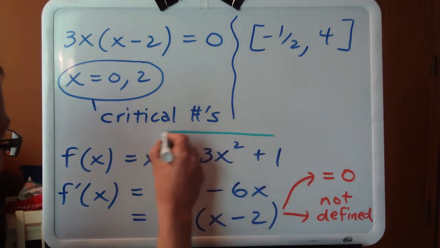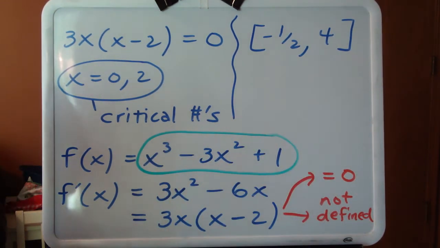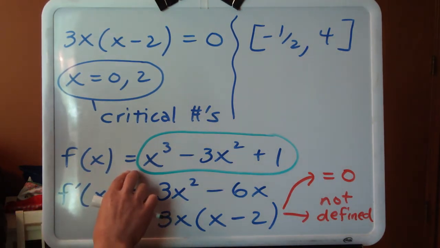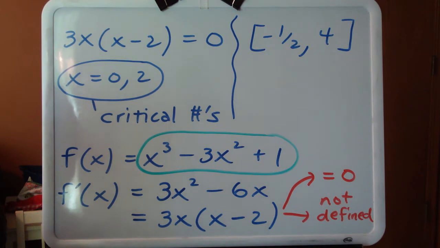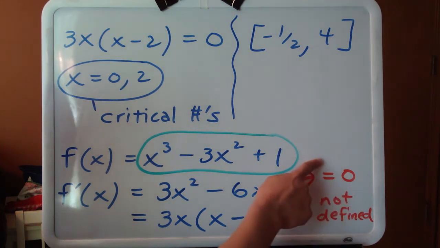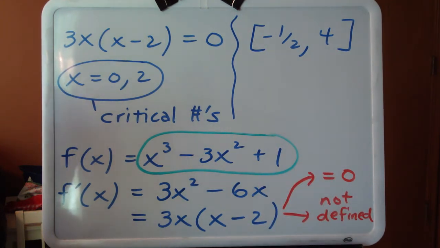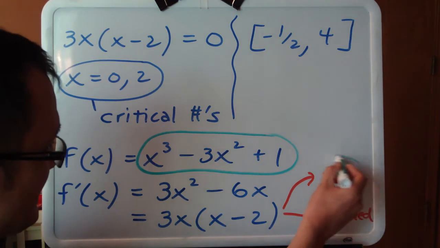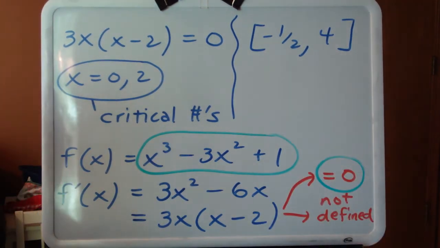So if you think back to the function here, we are dealing with a nice, smooth polynomial function. So this function is differentiable everywhere, so this condition is something that can be tossed out. So in some cases, you might get a critical number out of this condition and maybe not out of that one, or vice versa. In this case, the only part that applied was setting the derivative equal to 0, and then we end up with two critical numbers that come out.